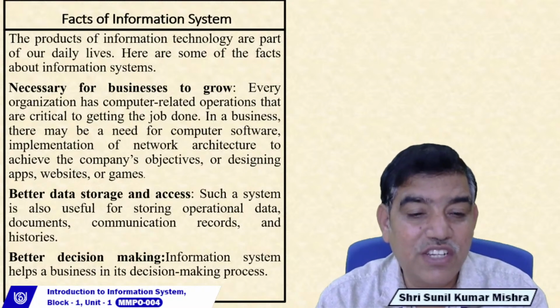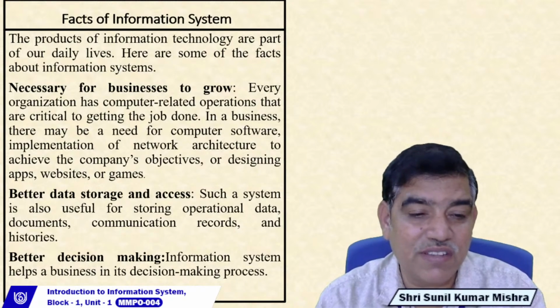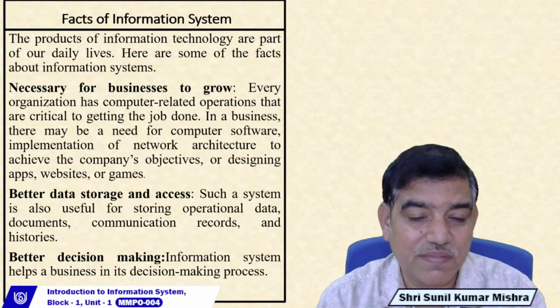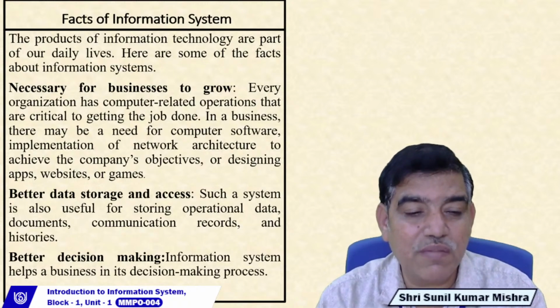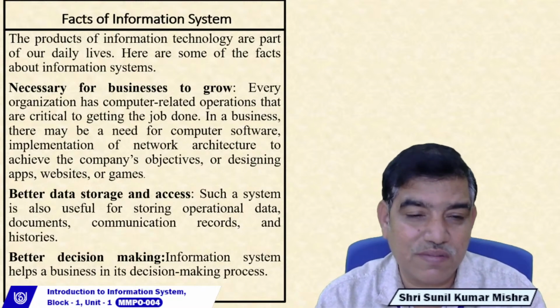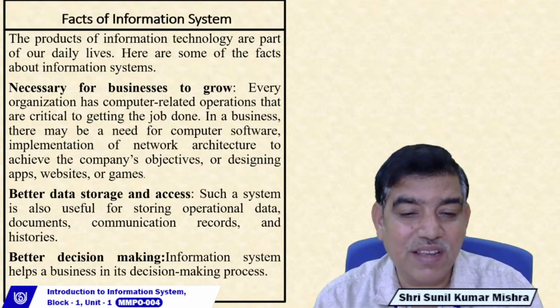Then better decision making. Information system helps a business in its decision making process, because the information system is implemented in the organization only for the decision making process. That's why the information system plays an important role.